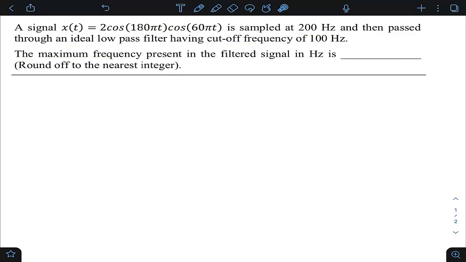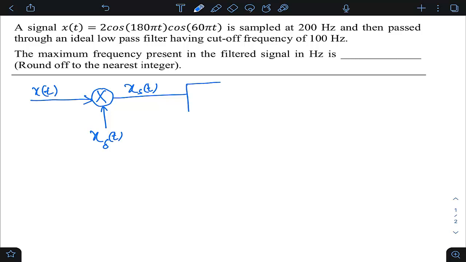By default we'll assume ideal sampling, and if you remember the block diagram of ideal sampling, it is something like this. We have a multiplier and here is an impulse train, x(t) is the input signal that has to be sampled, and the multiplier output is the sampled signal.